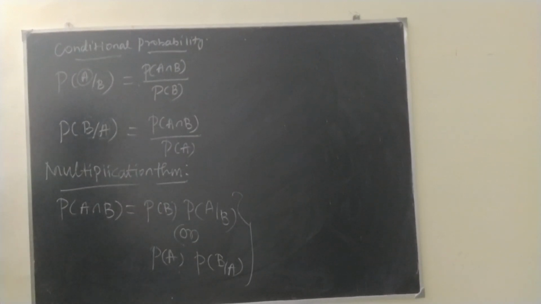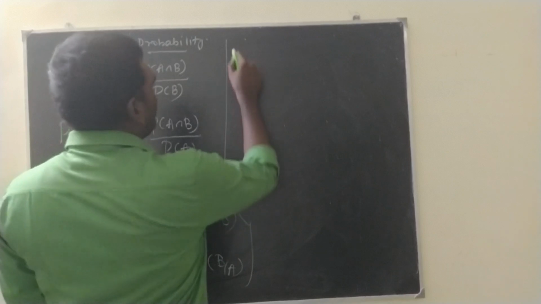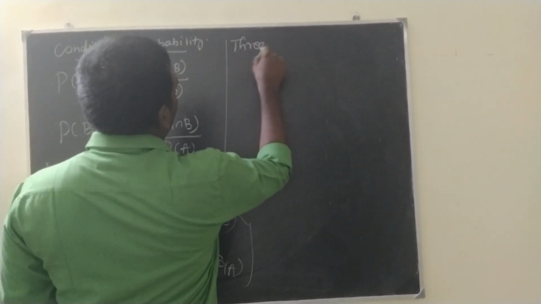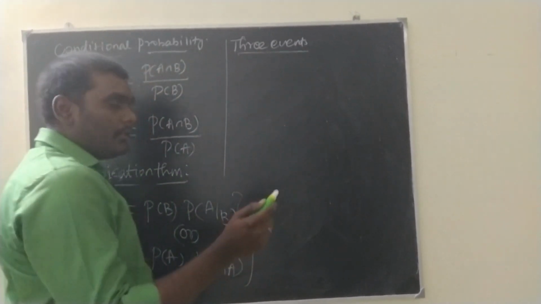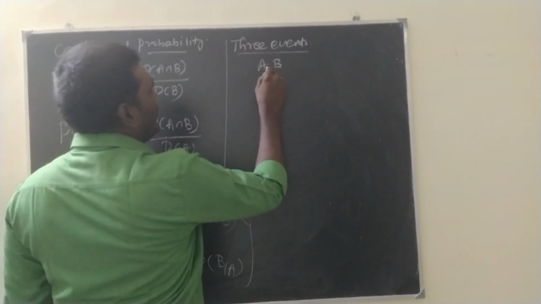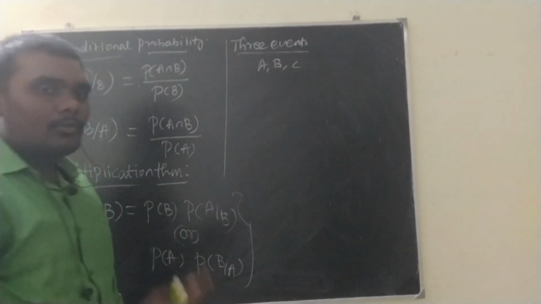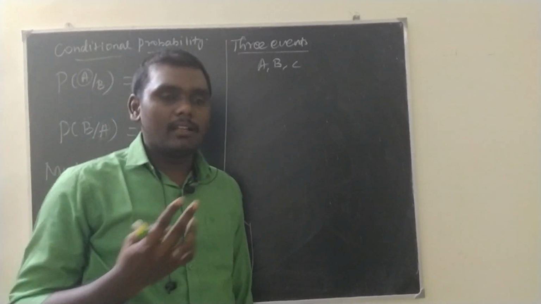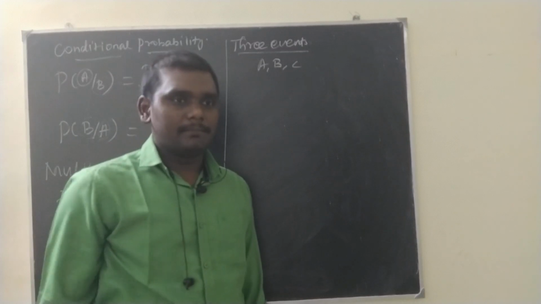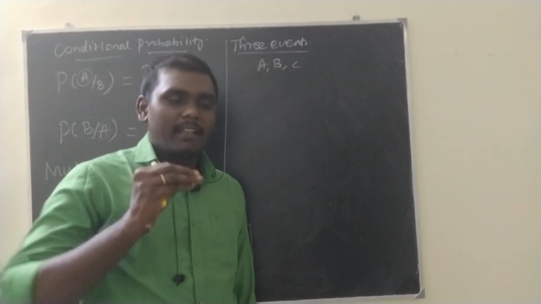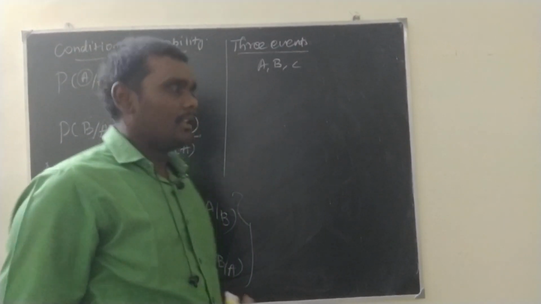What happens for three events? We will take A, B, C as three events. There are two kinds of independence that can occur in three events. One is pairwise independent, where independence occurs only for certain pairs.